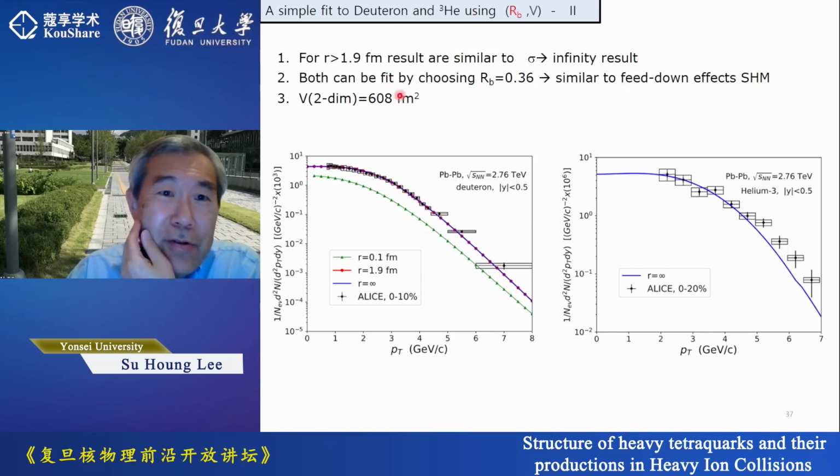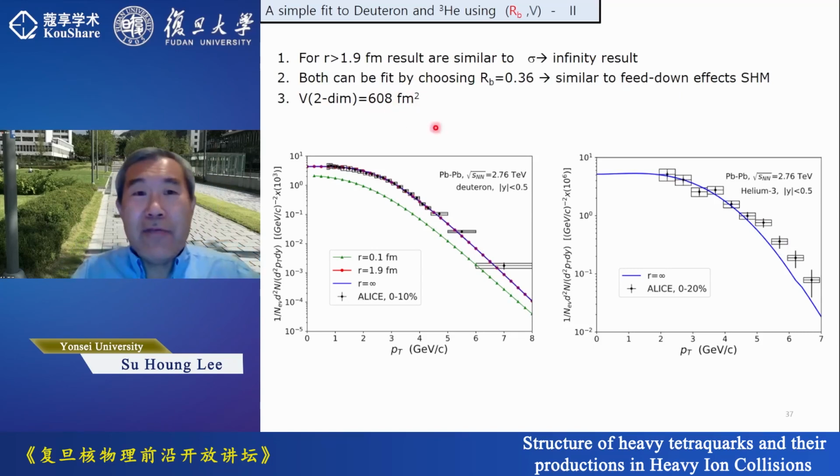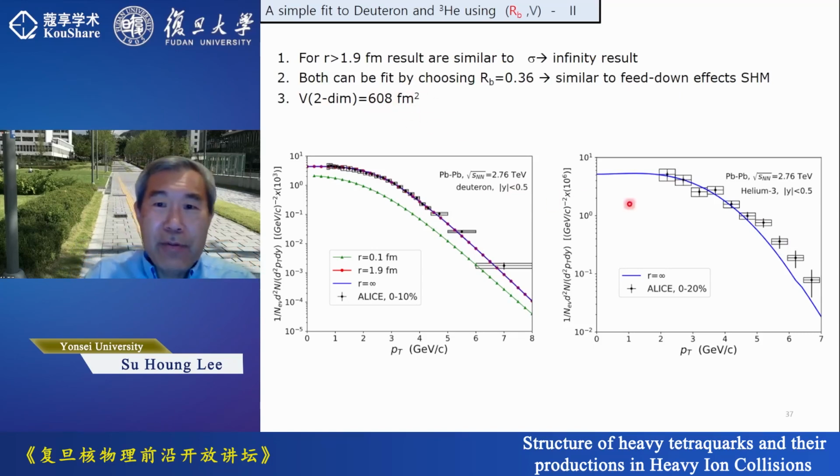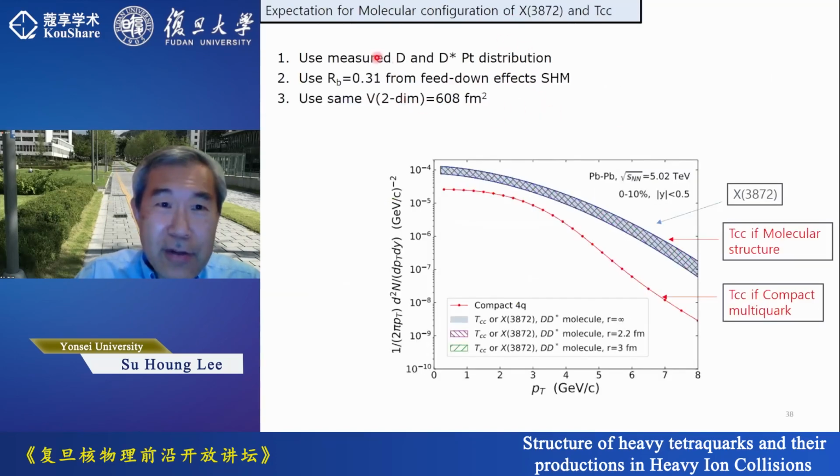This is also more or less similar to the expected 2-dimensional volume at the chemical freeze-out volume. So it is more or less expected. So now, if X or TCC is a molecular configuration, we expect that a similar formula should work.